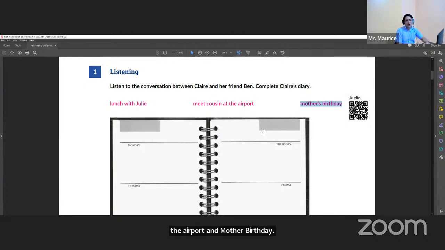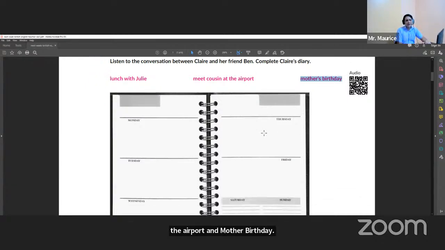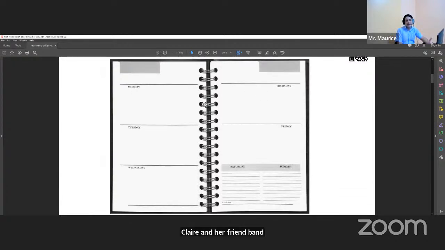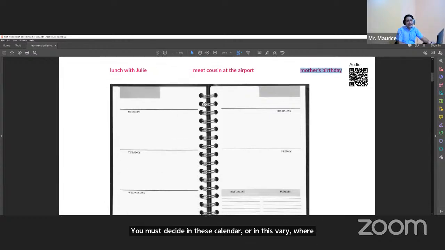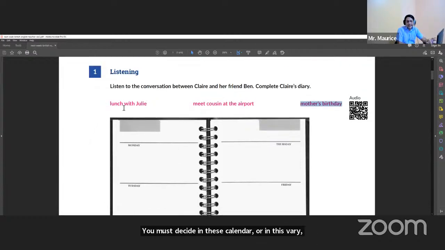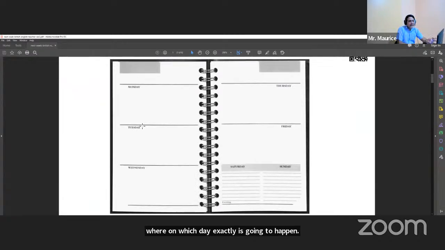So, you are going to listen to a conversation between Claire and her friend Ben. You must decide in this calendar or diary on which day exactly these activities are going to happen: on Monday, on Tuesday, on Wednesday, on Thursday, on Friday, or it might be over the weekend, Saturday or Sunday. It's up to you.